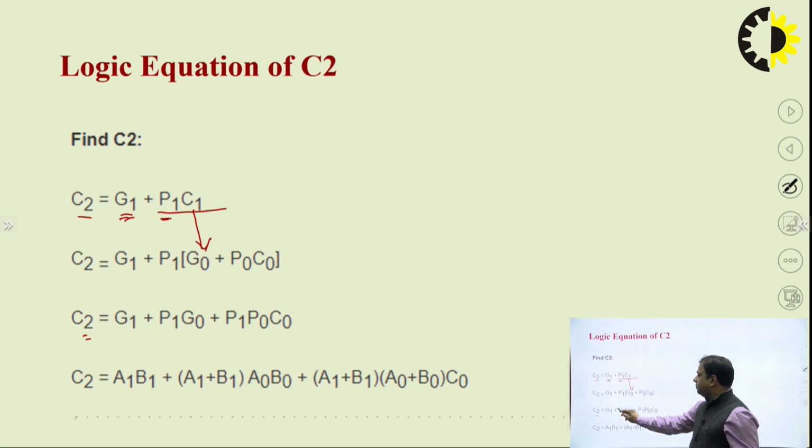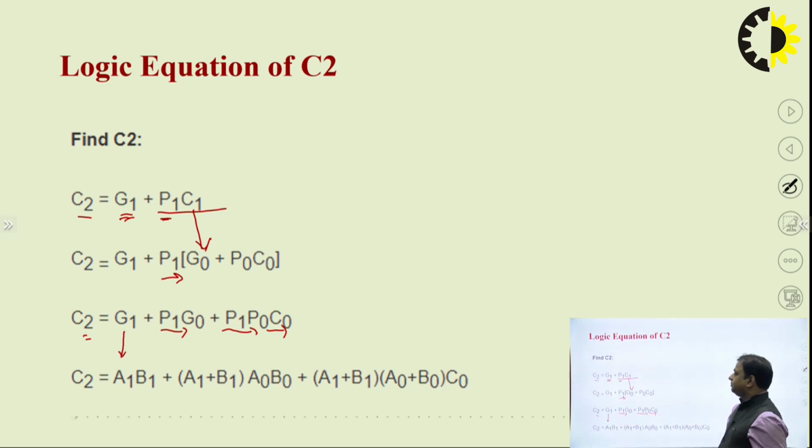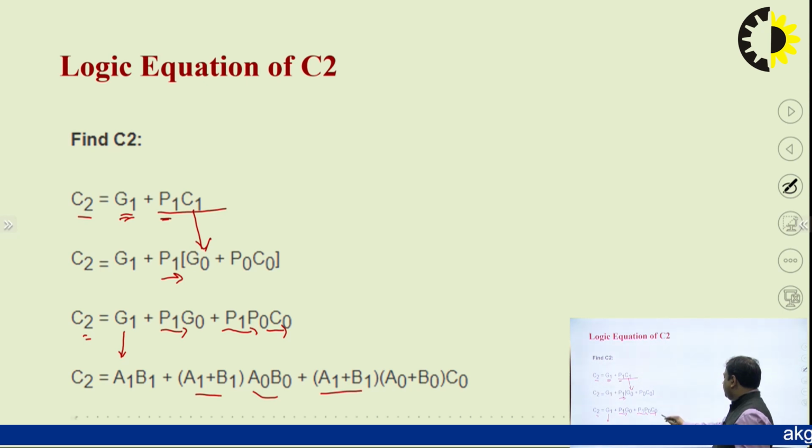C2 equals G1 plus P1 into (G0 plus P0 C0), and multiplying by P1 gives P1 G0 plus P1 P0 C0. Now put the value of G1, that is A1 B1, and the value of P1, that is A1 plus B1; G0 is A0 B0, and P0 is A0 plus B0.